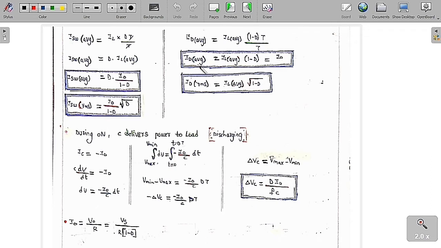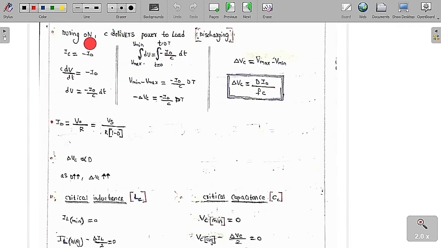So the average value of the diode current is equal to I naught, because the average value of the capacitor current is equal to 0. That is the reason. So ID RMS is equal to IL average into the square root of (T minus dT) by T, which finally is IL average into root of 1 minus d. But IL average is equal to I naught by 1 minus d. You can substitute here and do the simplification.